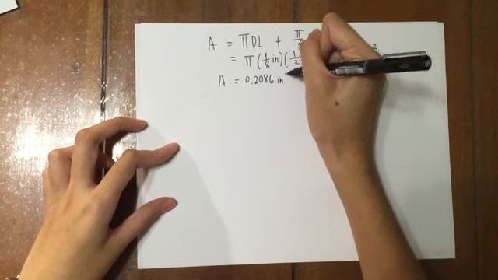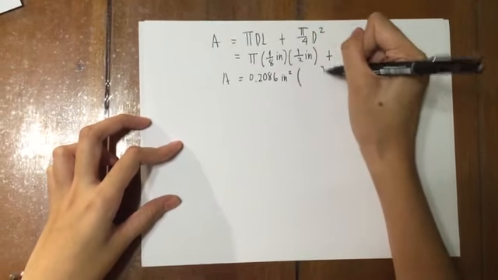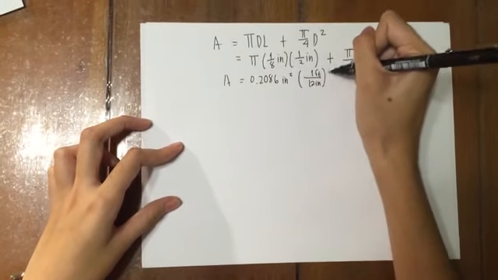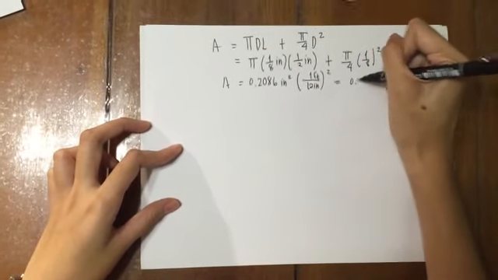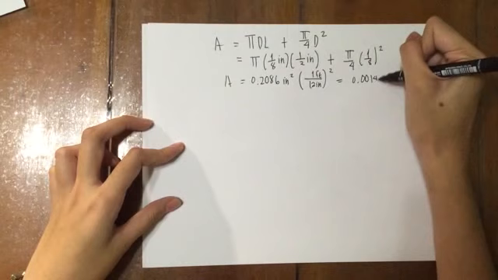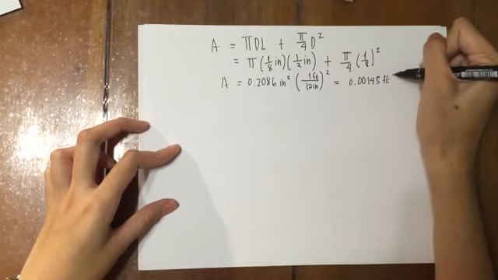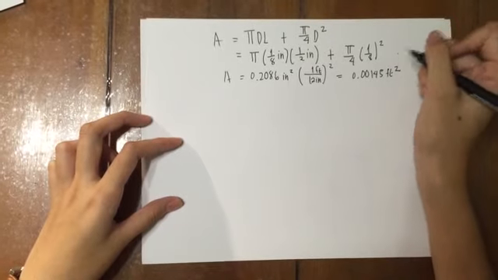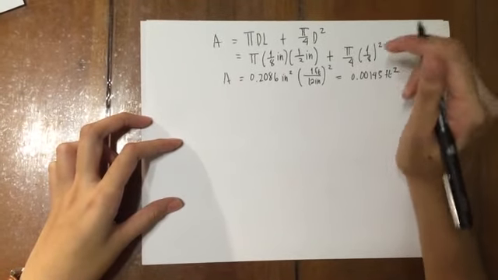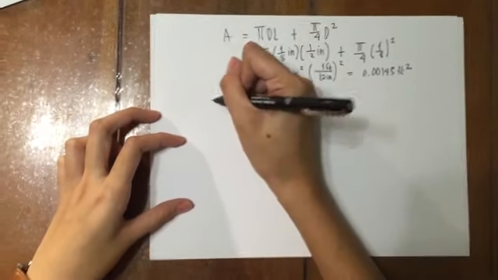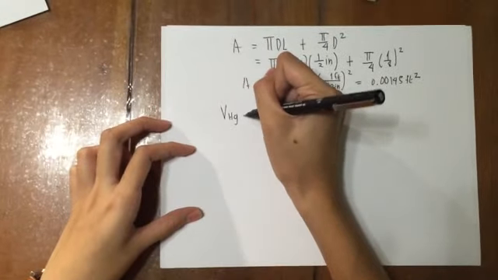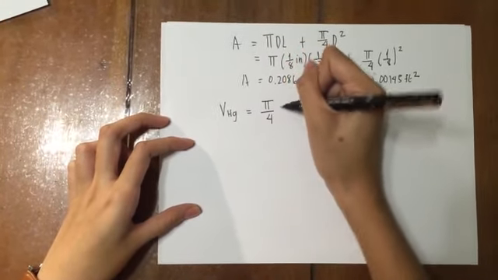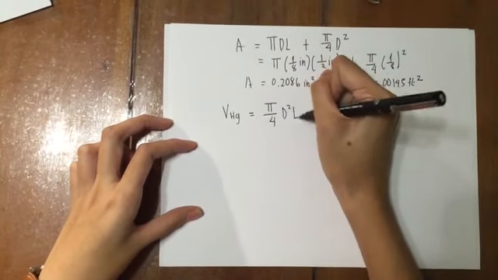So the area will be 0.2086 inch squared. Converting this into feet squared, we will now have 0.00145 feet squared. Now, in order for us to solve for the mass of mercury, the volume must first be computed. So the volume for the mercury will be computed from the formula pi over 4 times d squared times the length.